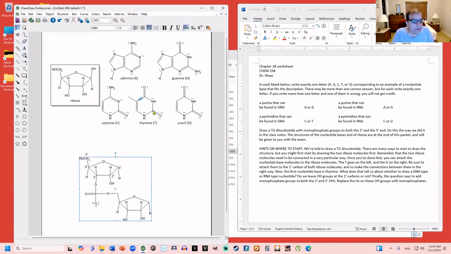First a thymine. We'll attach that nitrogen at the bottom of the heterocycle to the carbon. There we go. And then we'll do the same thing with a guanine.